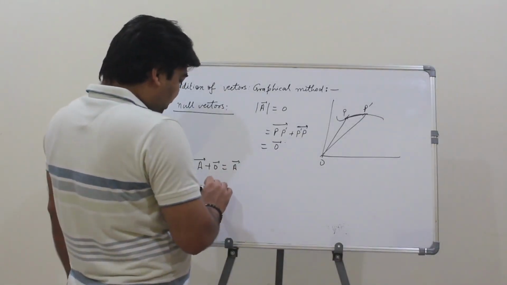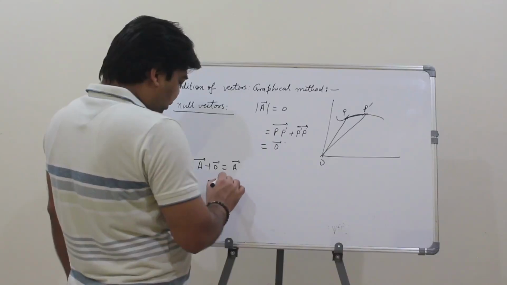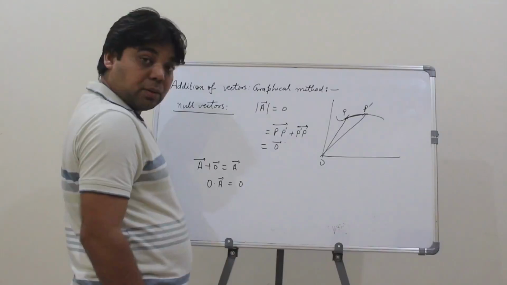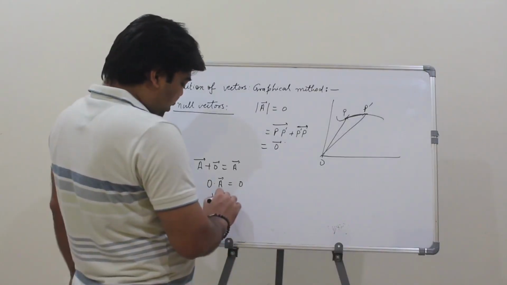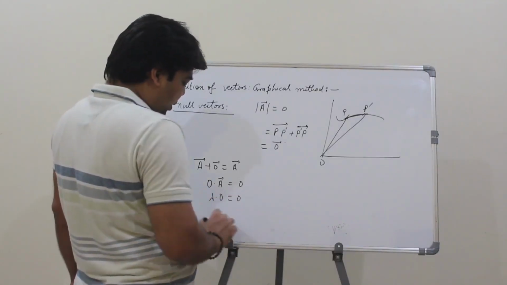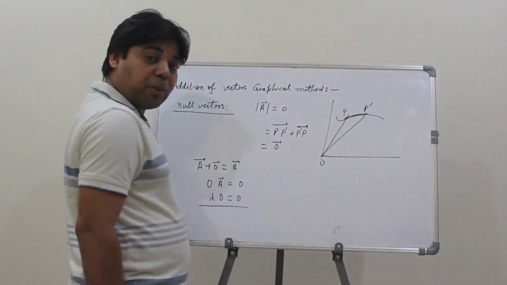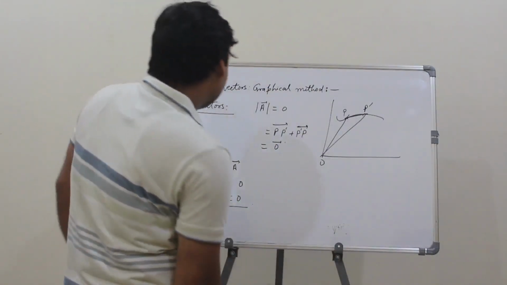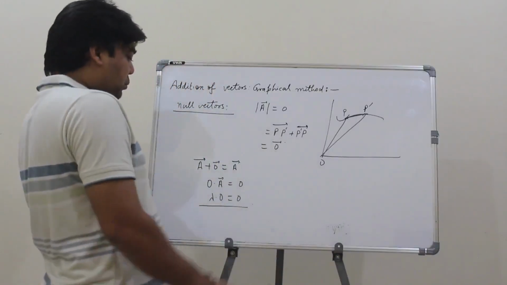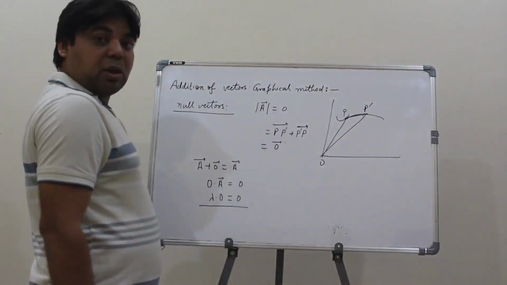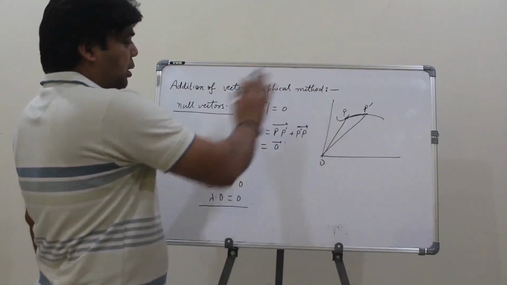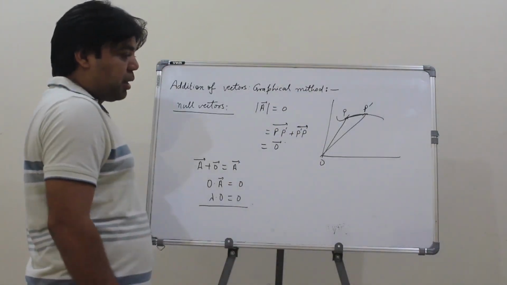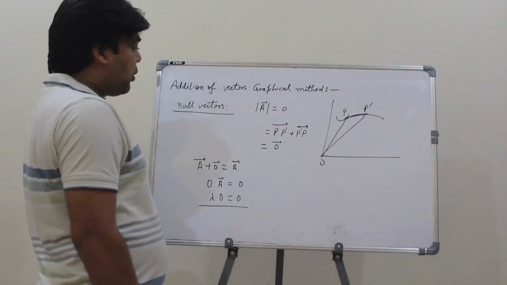But its multiplication with any vector will certainly give you a null vector, and its multiplication with a scalar also will give you a null vector. So these are some of the properties of the null vector and the vector addition which we have discussed right here. Just go through this vector addition, and if you have any problem, just write in the comment section. We will look into it, right?